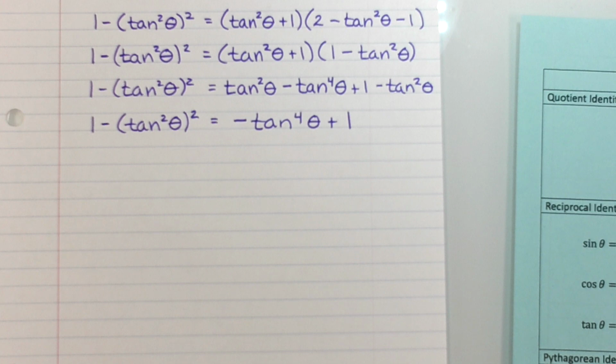Last, but certainly not least, now what? You take the tangent to the... That is one option. The other option is to change that side back to tangent to the fourth. I think that'd be simpler.